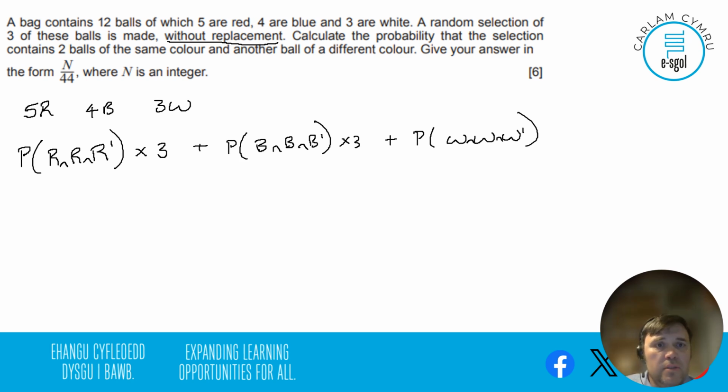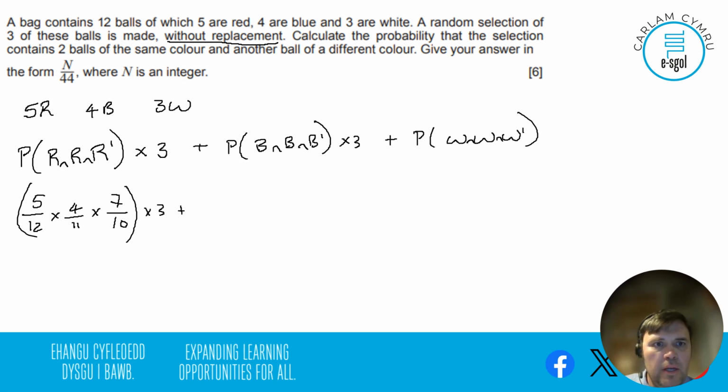We just need to remember there's no replacement. There are 12 balls in total. So for red it is going to be 5 over 12 times 4 over 11 times, and then the last one is going to be 7 over 10. And that's going to be multiplied by 3.